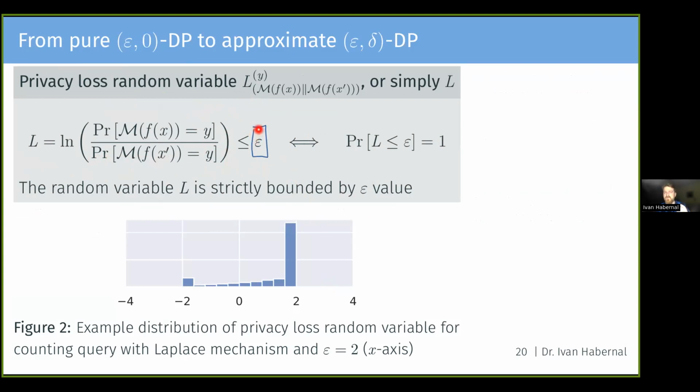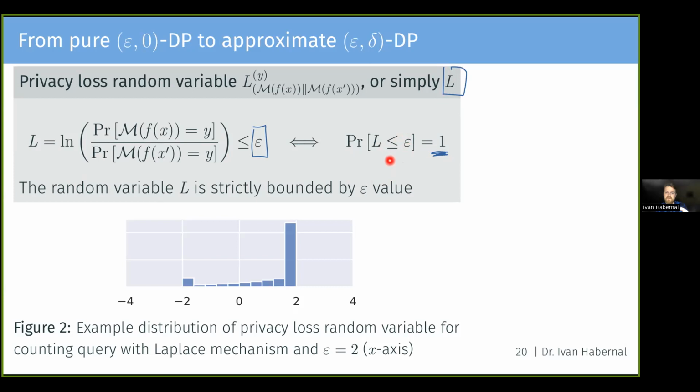Well, if you think of bounds of random variables, we typically think of tail bounds, like, what is the tail bound of a Gaussian distribution, for example, or such queries. Here, we're saying that the privacy loss random variable, which we just simply describe as L, is always smaller than epsilon, always, with probability 1. I mean, this will be always bounded.